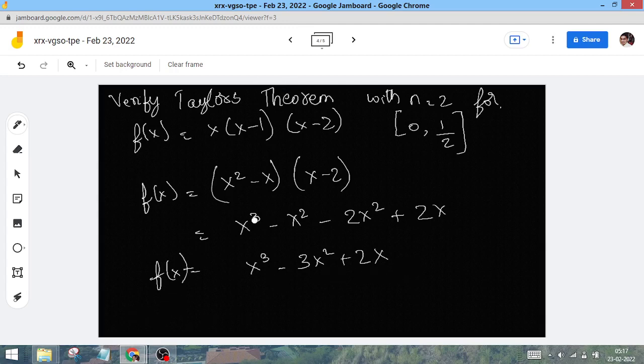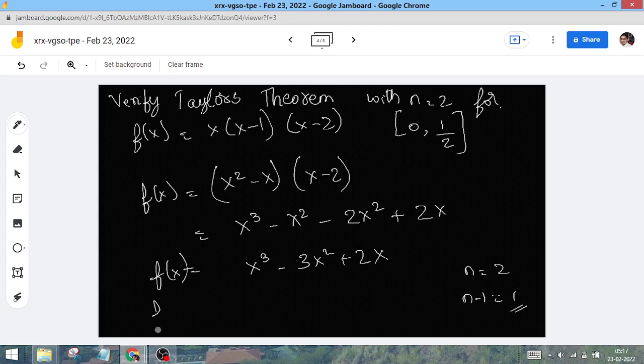So what is the first condition of Taylor's theorem? Taylor's theorem first says that f of x and f dash of x, that is f n minus 1 of x, are continuous. Here we have n equals 2, so n minus 1 equals 1.